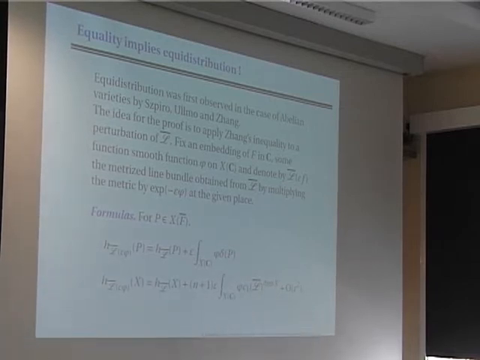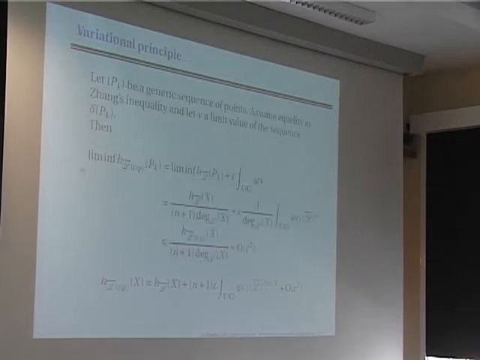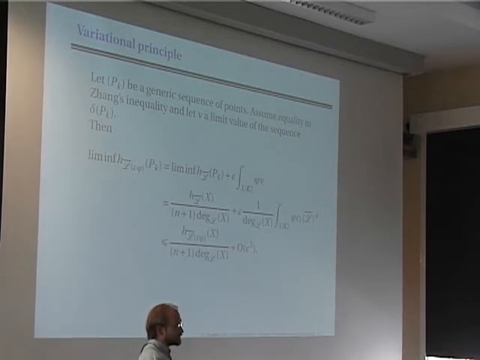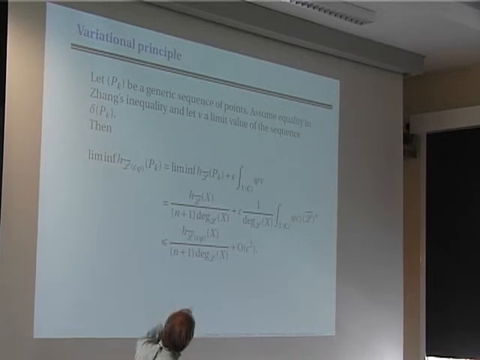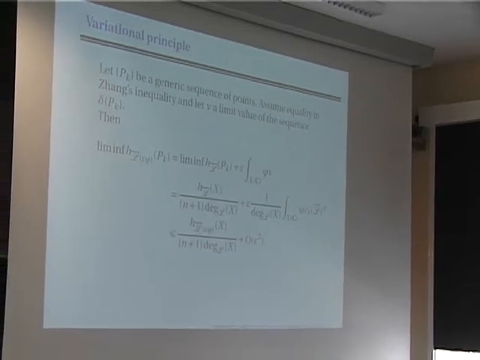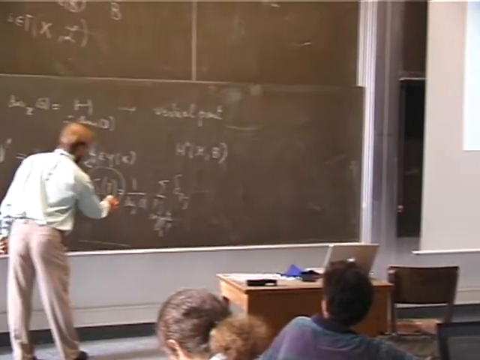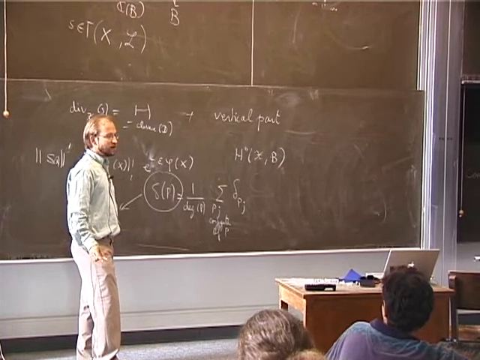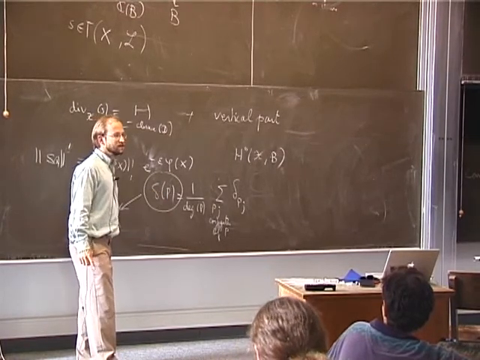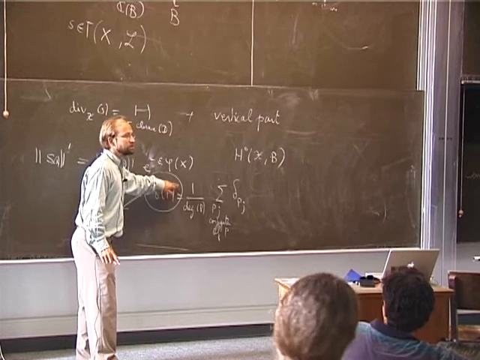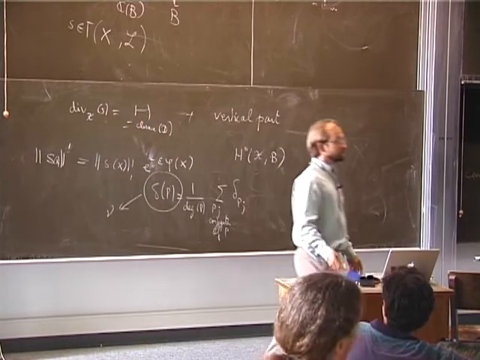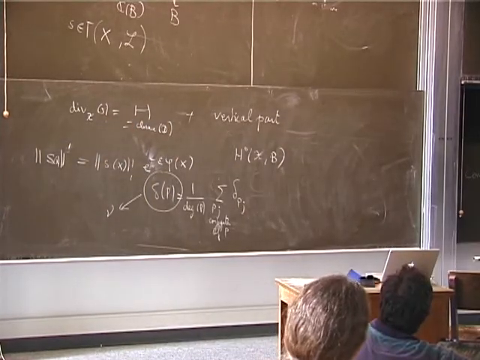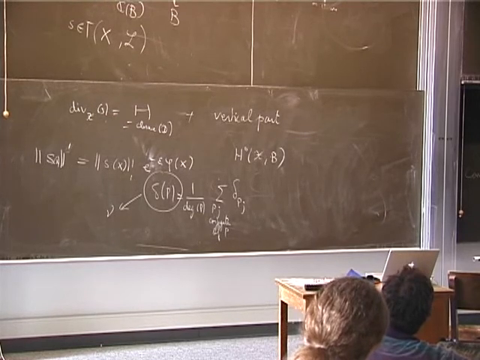So now what I can do is take a generic sequence of points and look at what happens. I'm interested in the distribution of such measures, so delta of the p_k. I will take a measure nu on the variety X of C, which is a limit of those measures, and I will try to see what I can deduce on this measure nu from Zhang's inequality.